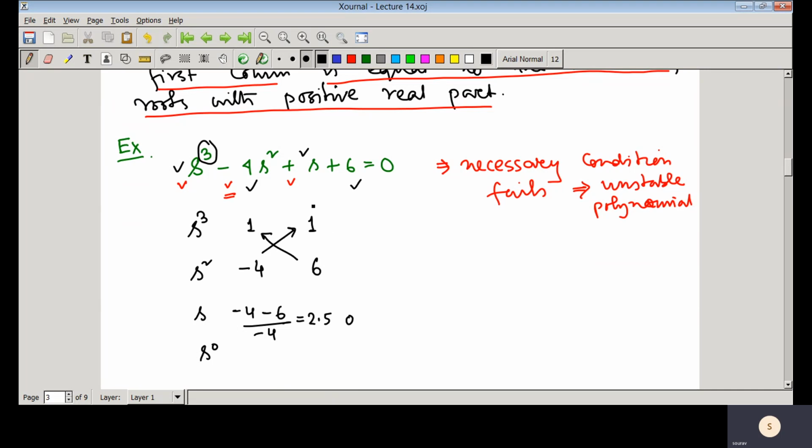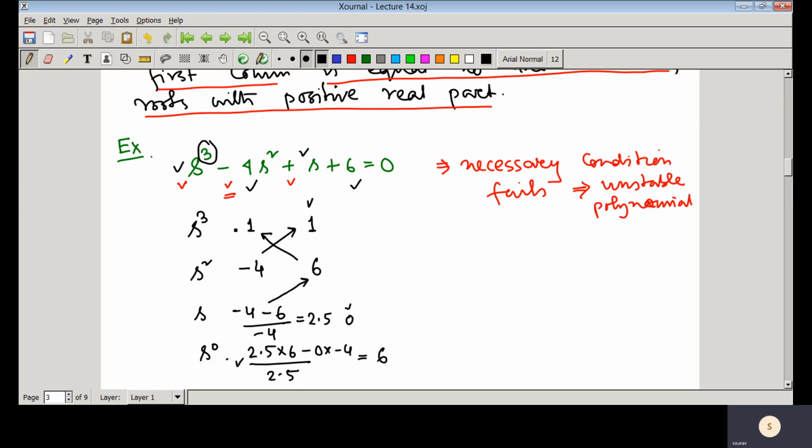And then this value is 0. The next element in this column is 0. Then here you can see that 2.5, so that is 2.5 into 6 minus 0 into -4 divided by 2.5. So then we'll get 6 only. So this element is 6. Then we can see the first column.